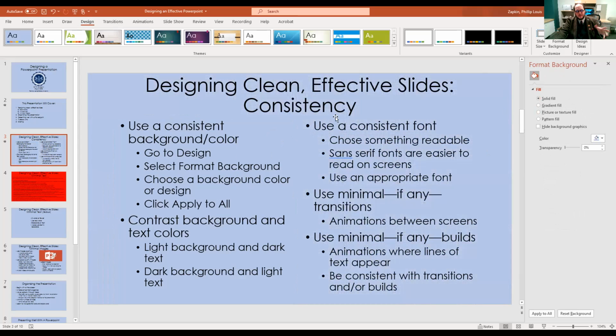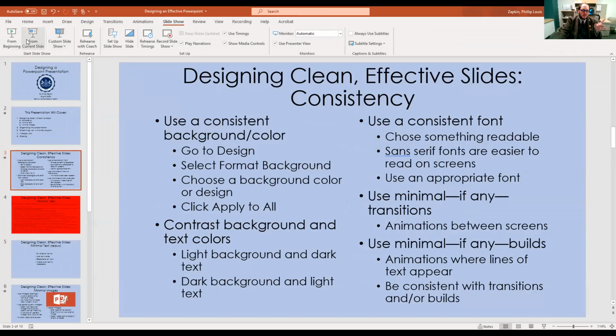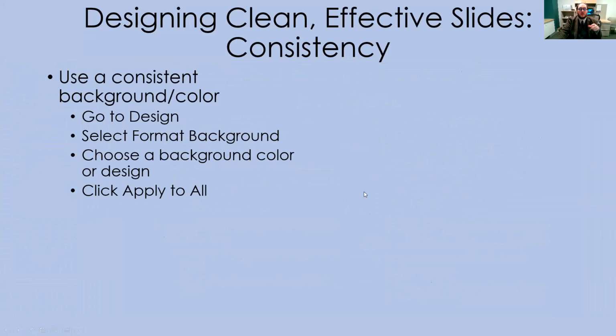This is a sort of grayish blue, not super dark. Once you've chosen the background that you want, click Apply to All, which is down here in the bottom right-hand corner, and that's going to make sure every slide has that same background. So back to the show.